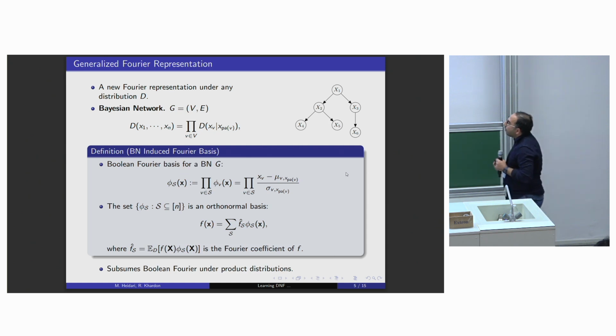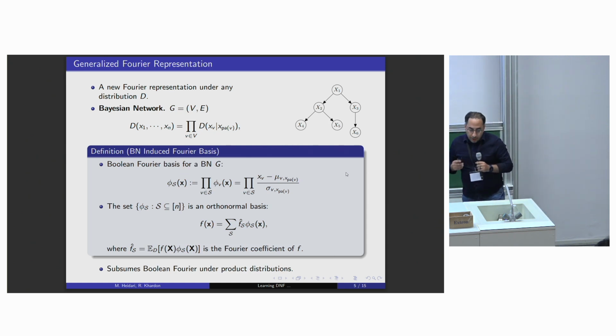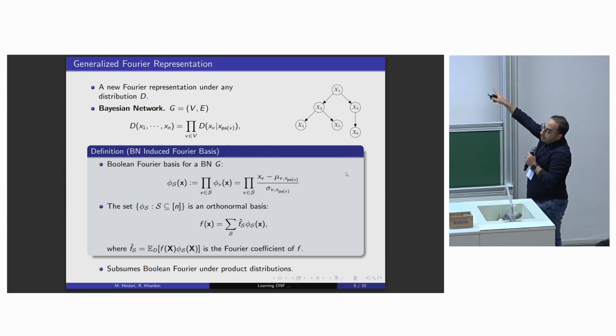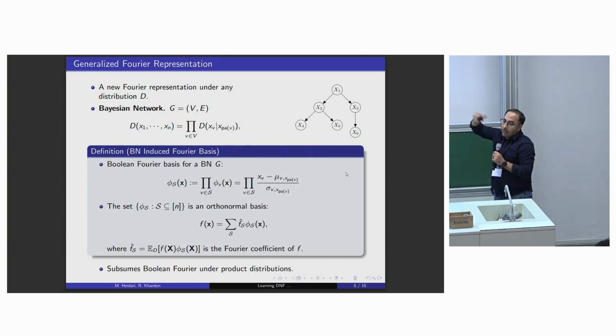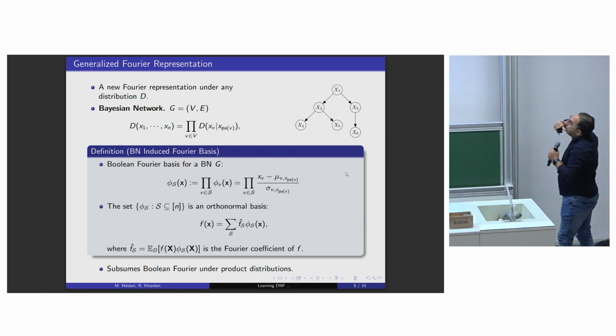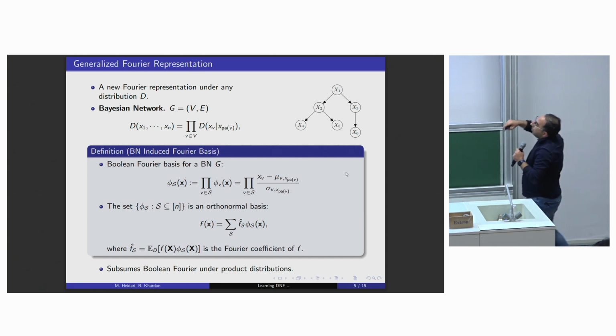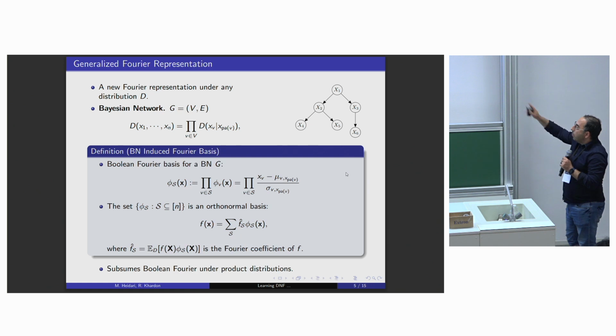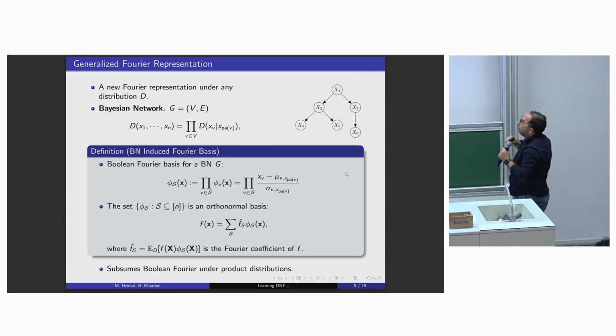With that, we define a Bayesian-induced Fourier expansion where the parities look like this, where mu's are the expectations and sigmas are standard deviations. We prove that this is an orthonormal basis, hence we get a Fourier representation. Of course, this subsumes the Fourier under product distributions.